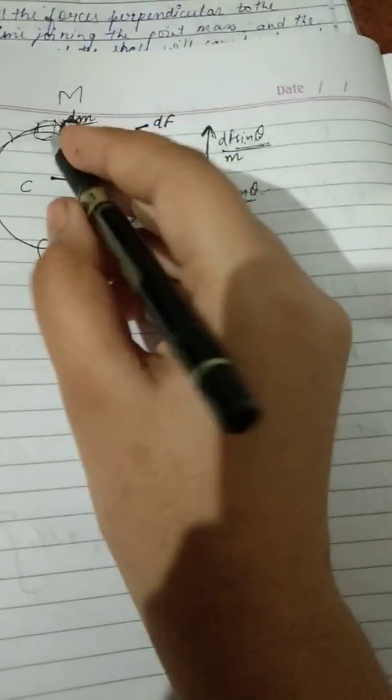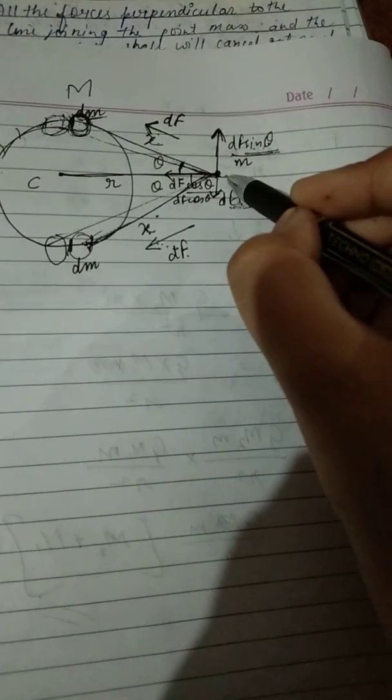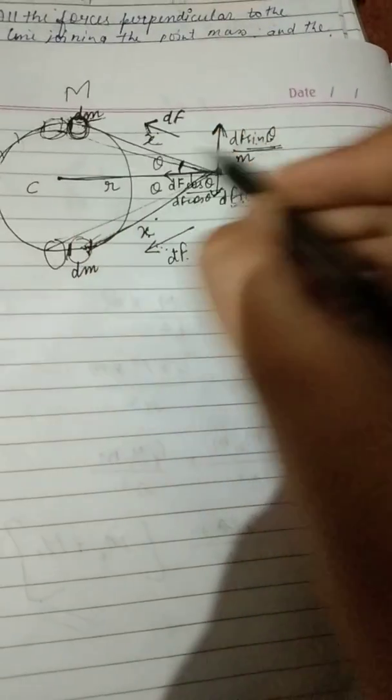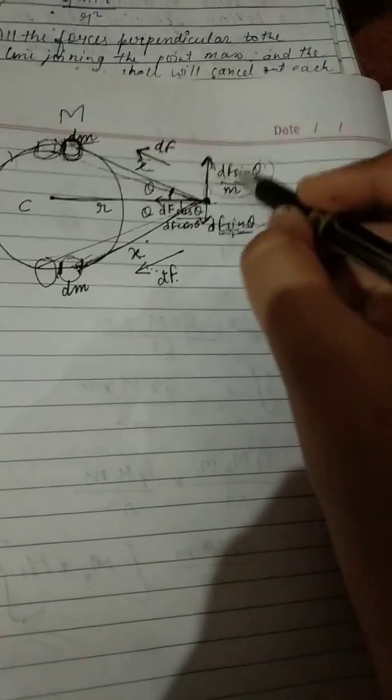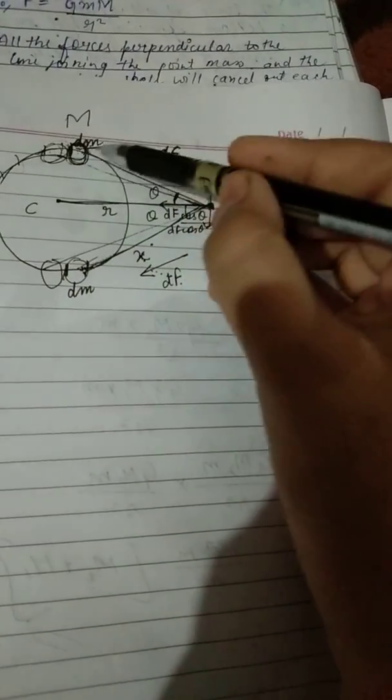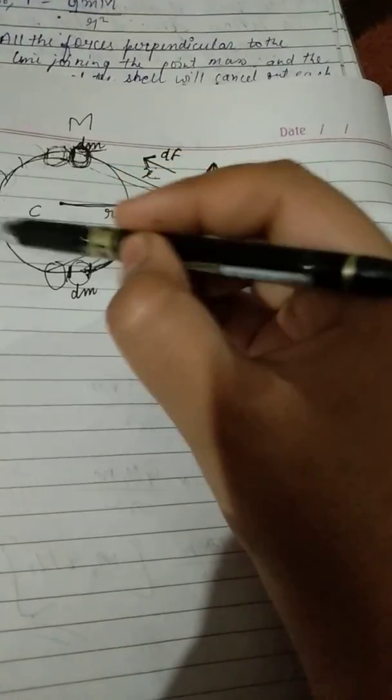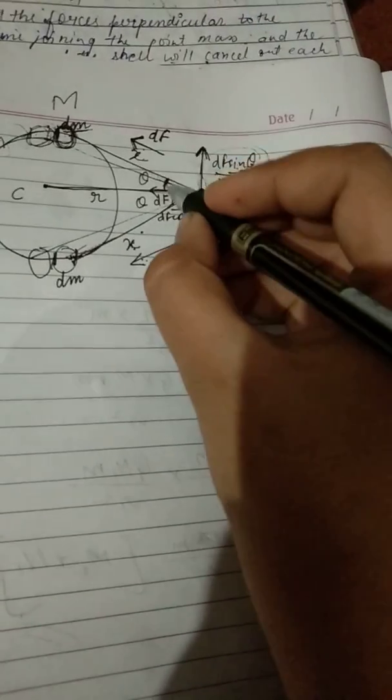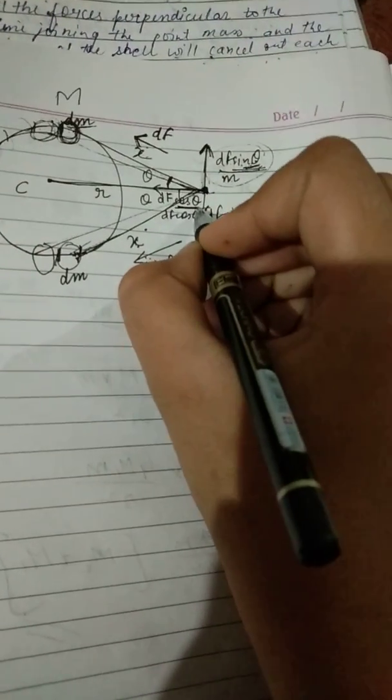अगर आप कोई और पॉइंट ले लेंगे, dm here, another point dm here, both of them at a distance y from this point, obviously their sin theta components will also get cancelled, just because they'll be equal in magnitude but opposite in direction. ऐसे ऐसे करते हुए you will see that सारे के सारे sin theta वाले components applied by small parts of masses will get cancelled out. Only the cos theta component would be left.